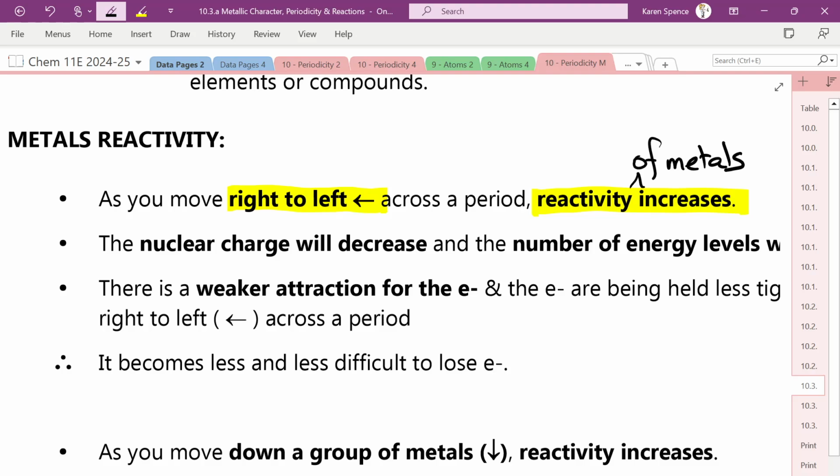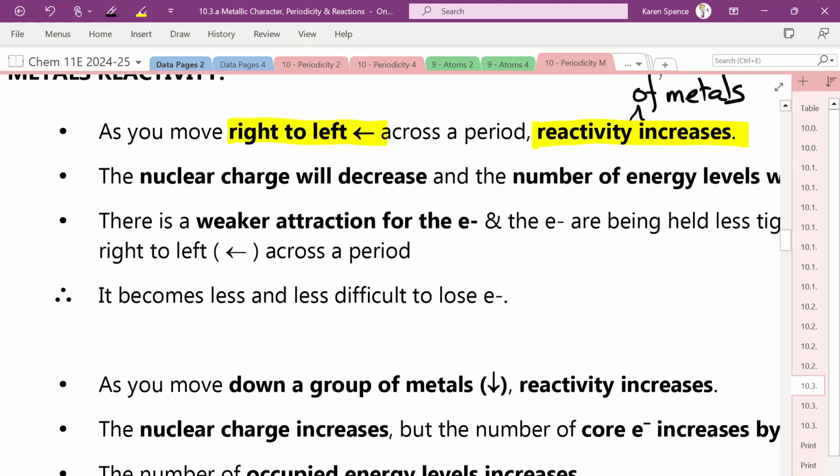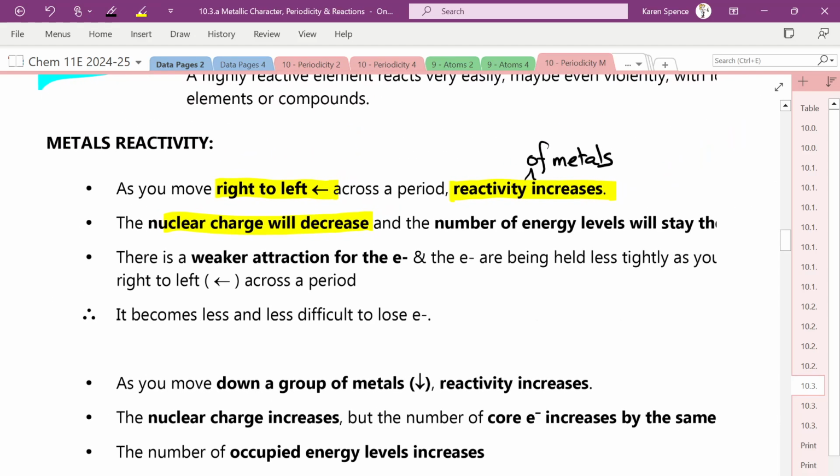You could say the electronegativity is lower and so it tends to hold on to its electrons less tightly. But if you want to get down to the real root of it, it's all coulombic attraction. So there's weaker attraction, nuclear charge smaller. Weaker attraction for the electrons. It becomes less and less difficult to lose an electron.